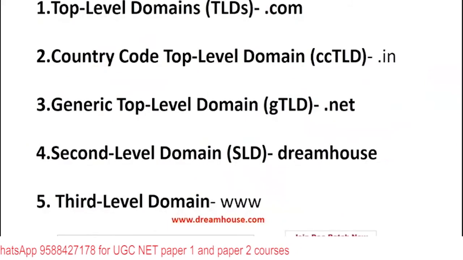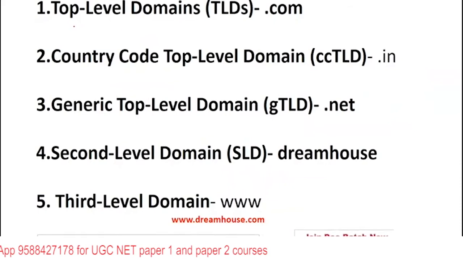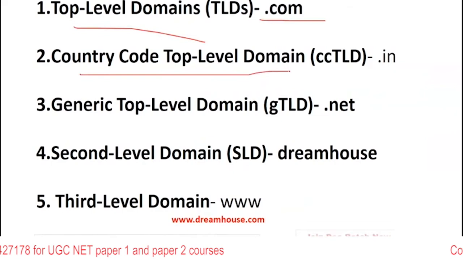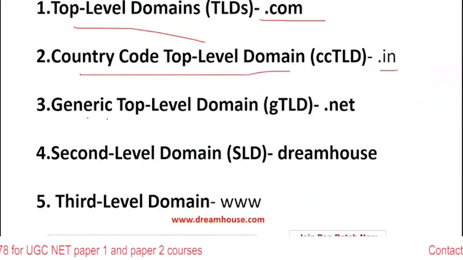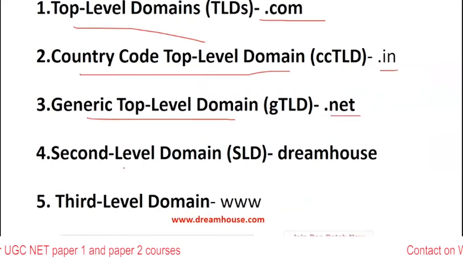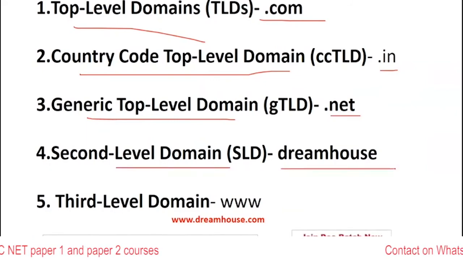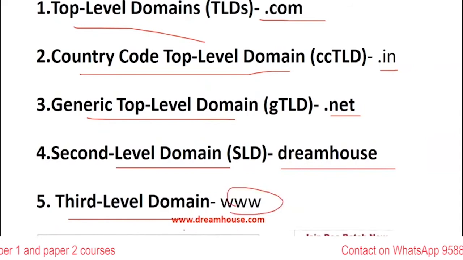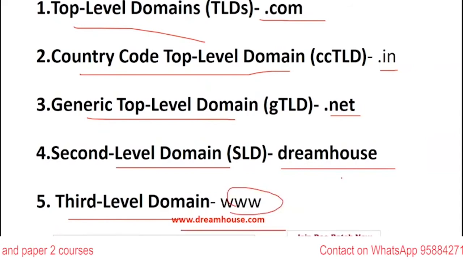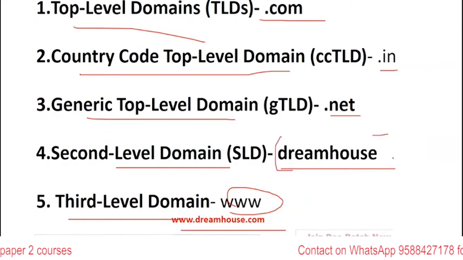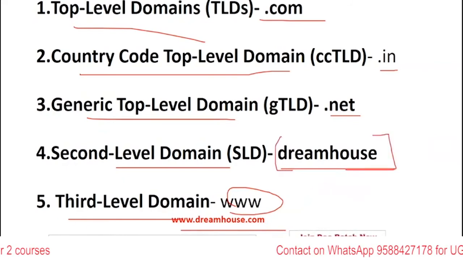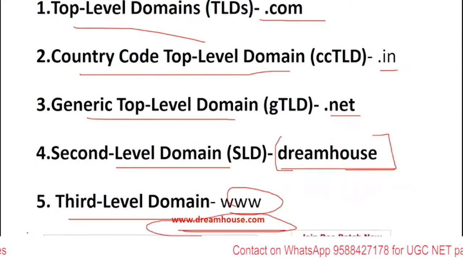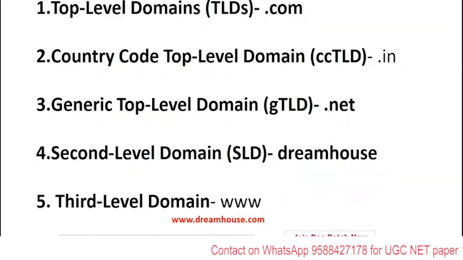Here we have a top domain that is recognized with .com, a country code top level domain by .in, a generic top level domain by .net, a second level domain by Dreamhouse, and the third level by World Wide Web. So this is www.dreamhouse.com. Dreamhouse means it is a name. So when we talk about third level domain, this whole address comes. That is how the domains play an important role.